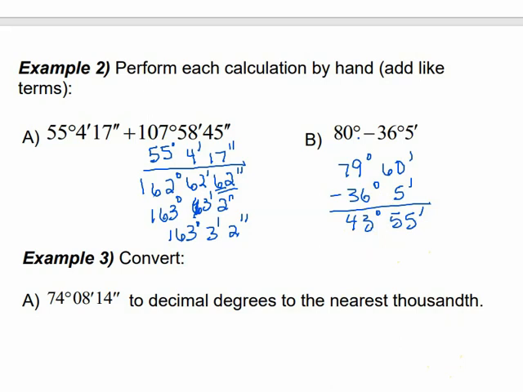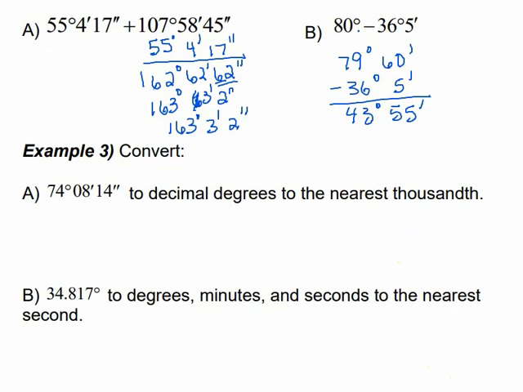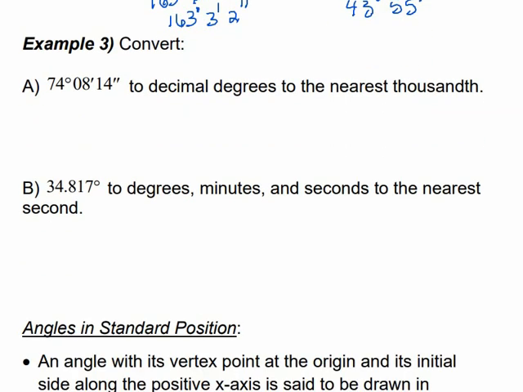We can also convert from degrees to degree minute seconds and vice versa. So we're going to convert this degree minute seconds to decimal degrees to the nearest thousandth. The way that we do that is we take each part of the degree minute seconds, and we're going to have to divide.